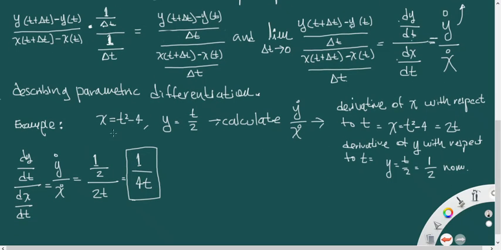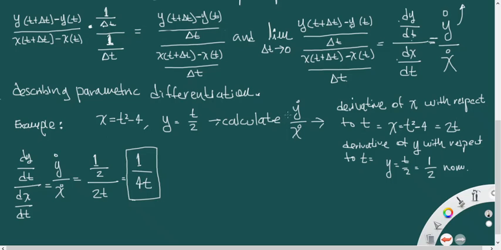We have an example here, and x is a variable which depends on t. As you see here, x equals t squared minus 4, and y is equal to t divided by 2. Both variables x and y depend on t.